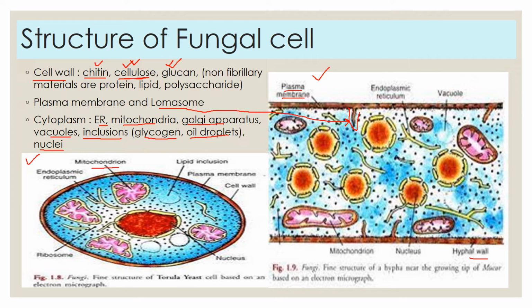If it is dikaryotic, that is, two different types of nuclei are present in the hypha, this type of nuclear division with intact nuclear membrane is helpful in preventing the fusion of different types of nuclei while it is undergoing division. So the nuclear division in fungi, in most cases, is with the intact nuclear membrane.